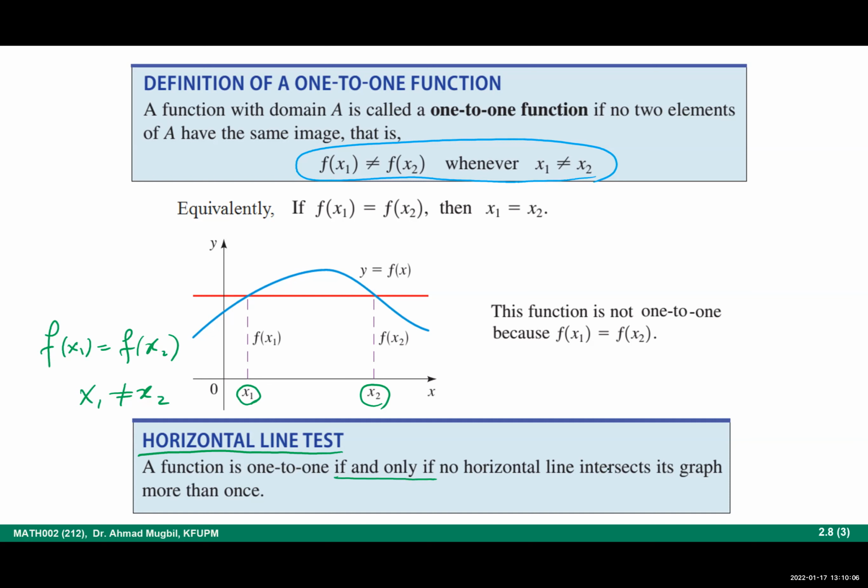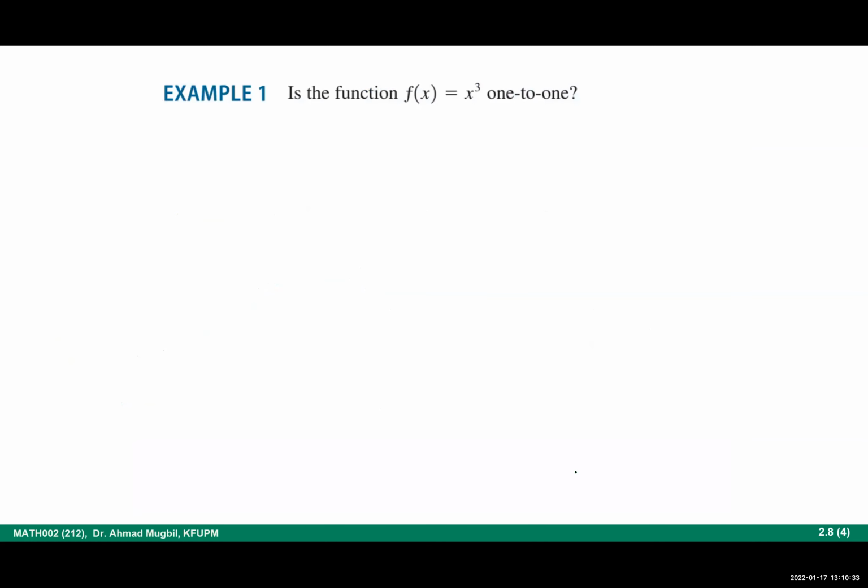This means that if you have a graph, and there is a line intersecting more than once, then it is not one-to-one. If it is not one-to-one, for sure you will find a horizontal line intersecting more than once. This is the meaning of if and only if. And this is, by the way, the best way. I advise you to use it always. Whenever you can sketch the graph, this test will be the easier one to help you to decide.